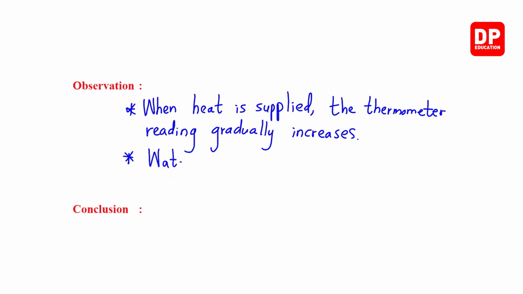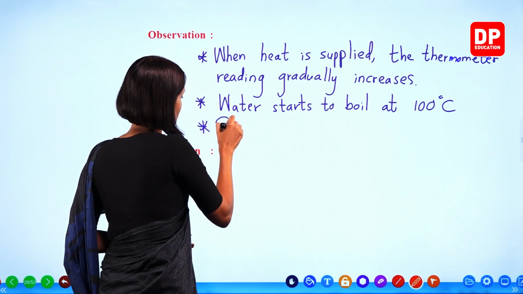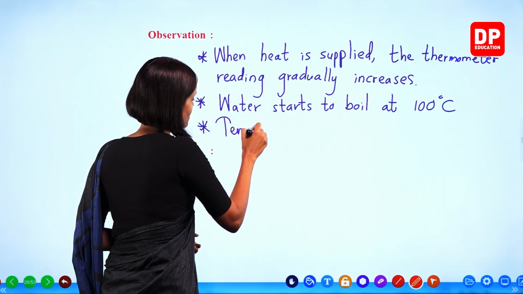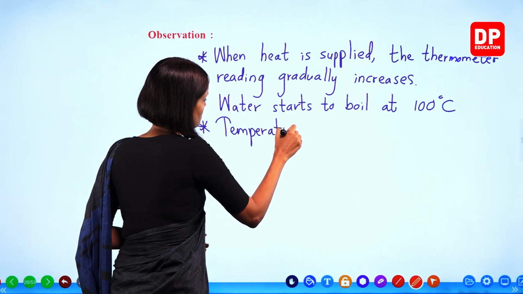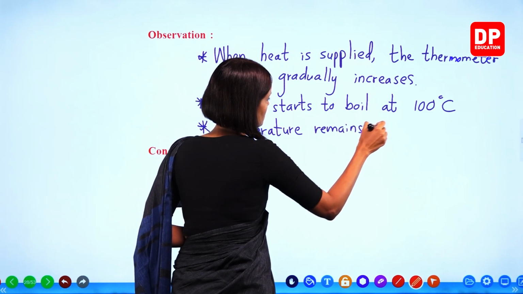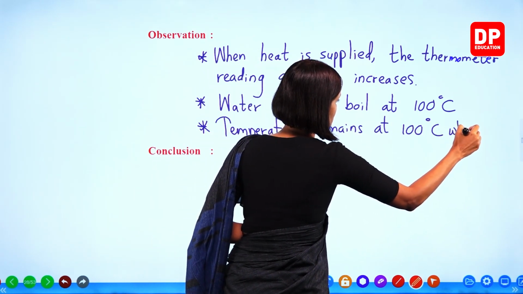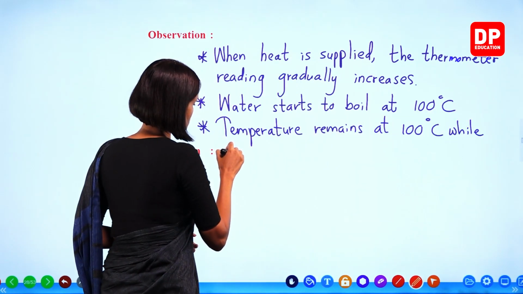Water starts to boil at 100 degrees Celsius. Temperature remains at 100 while water is boiling.